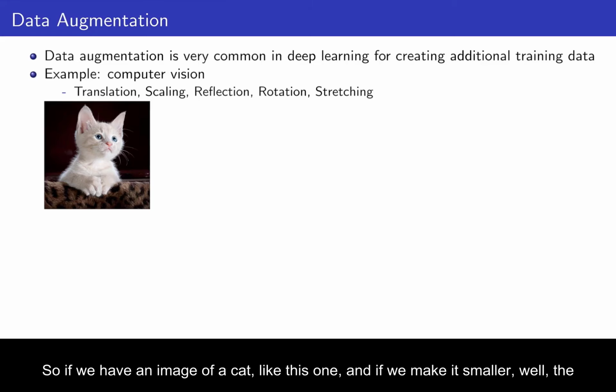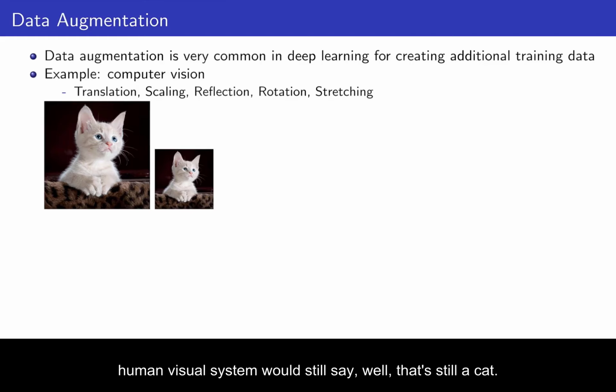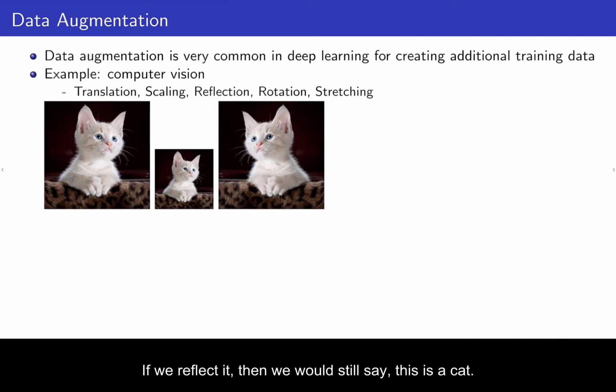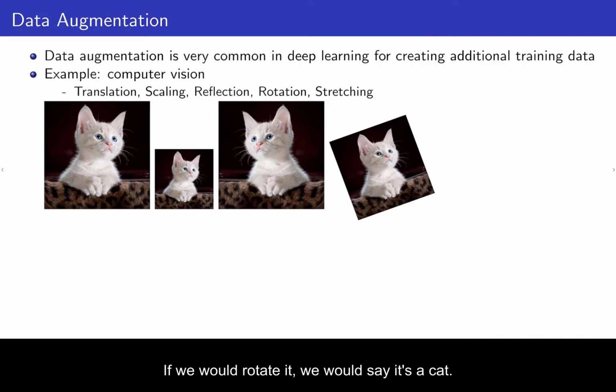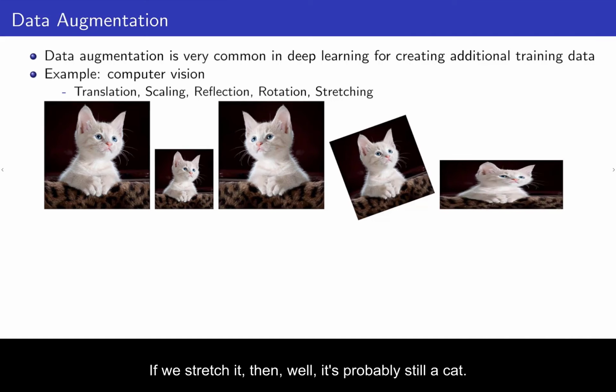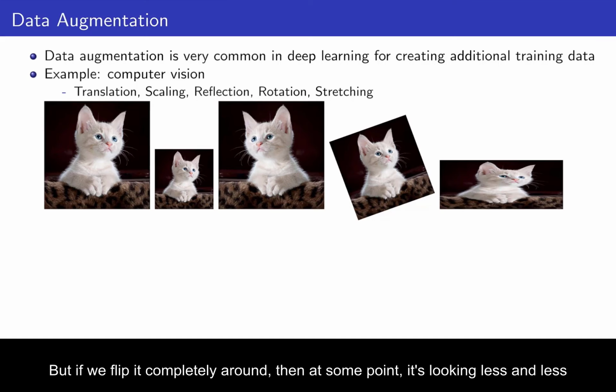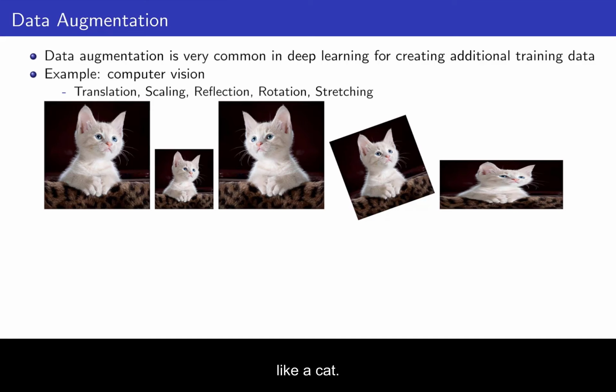So if we have an image of a cat, like this one, and if we make it smaller, well, the human visual system would still say, that's still a cat. If we reflect it, we would still say this is a cat. If we rotate it, we would say it's a cat. If we stretch it, it's probably still a cat. Maybe that's stretching it a little bit. But if we flip it completely around, then at some point it's looking less and less like a cat.